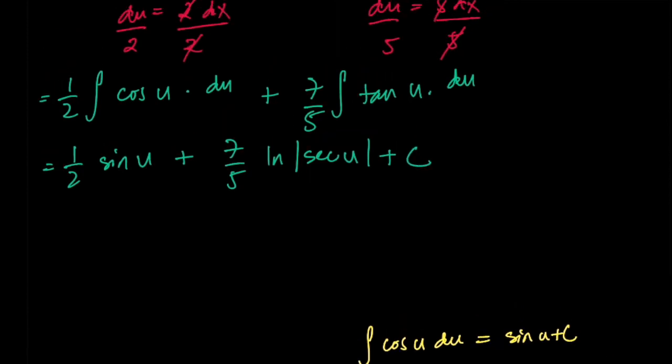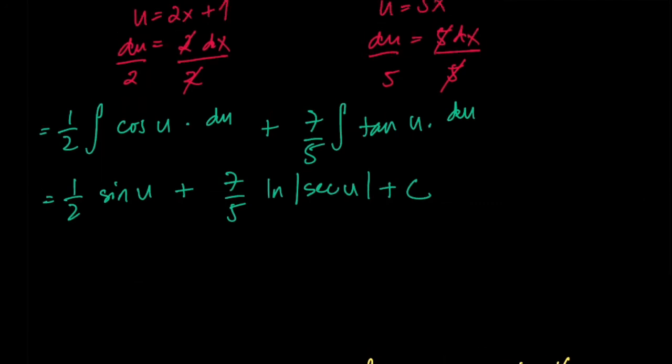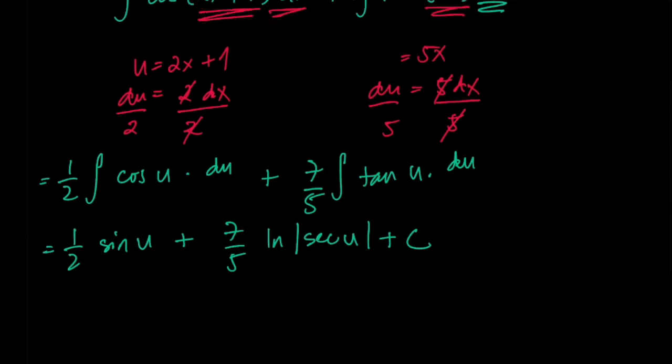Oops. Here, let's not use u yet. Since the u of the two are different, let's make this v. So here dv, and this is v.